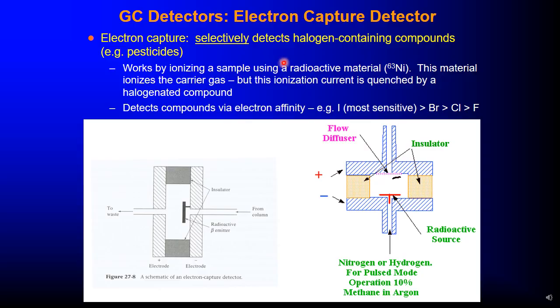This material ionizes the carrier gas, but this ionization current is quenched by a halogenated compound. So it detects compounds via electron affinity. For example, iodide is more sensitive than bromide, then chloride, then fluoride, in that sequence.